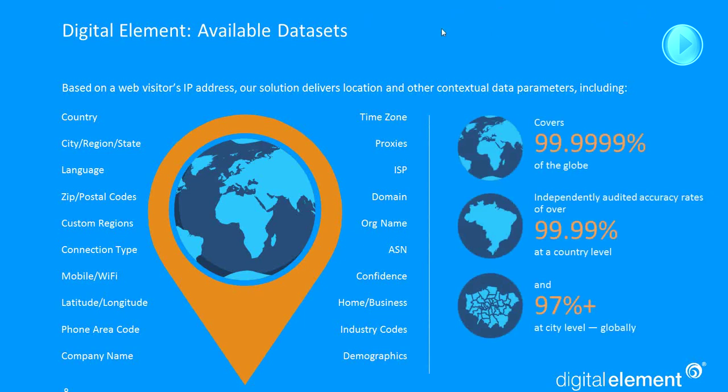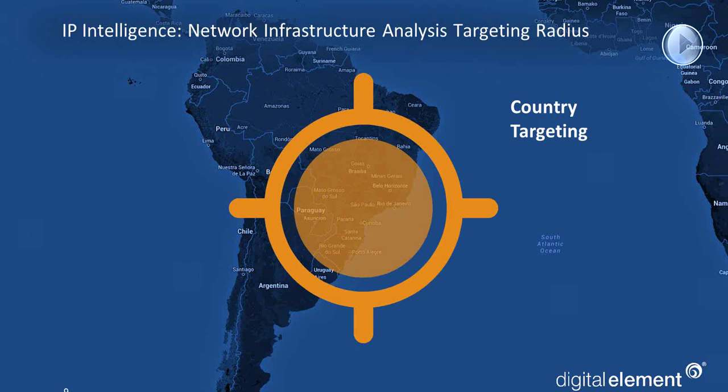We can see 99.9999% of the globe of IPs. We can see with a 97% accuracy level globally what IP is coming from which city. But also, we can tell you the zip code. And let me tell you a little bit about how this works.